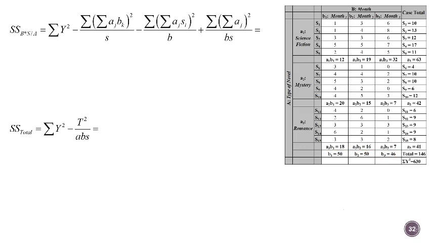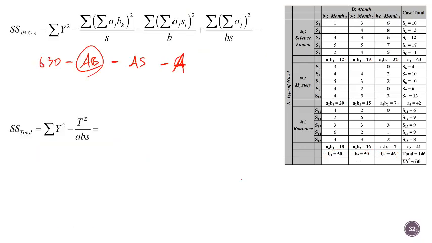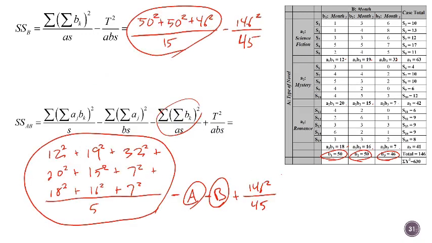For B by S with an A, it's going to be 630, which is sum of y squared, minus the AB component, minus the A component, minus the AS component. So 630 minus AB. So AB is this thing. AS, we haven't done yet.